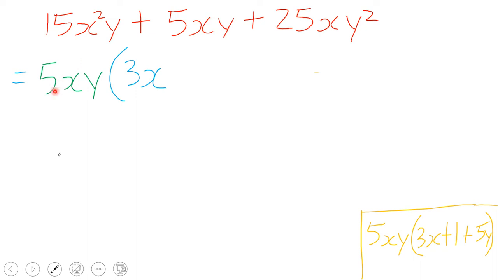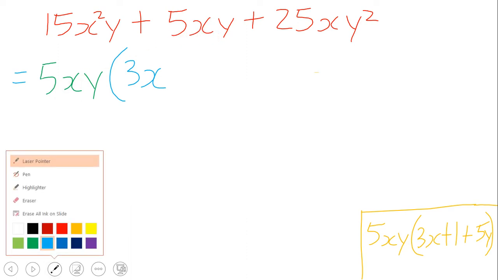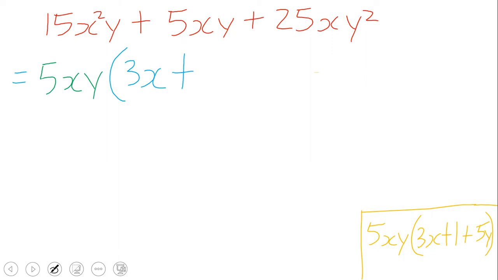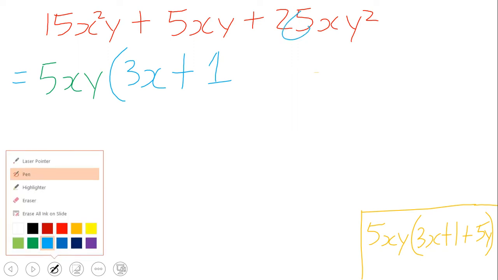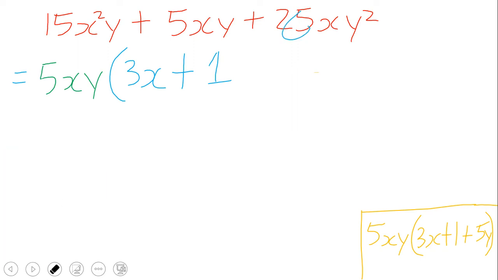Then 5xy times 1 is going to give us 5xy, so it's going to be plus 1. And then we're trying to get 25 here. Well, 5 times 5 is going to give us 25, so we need to put 5 here.